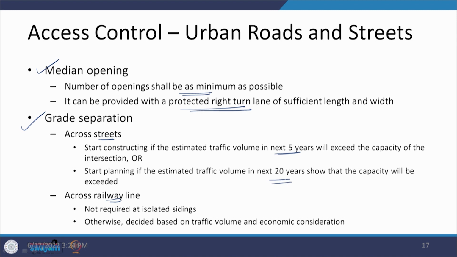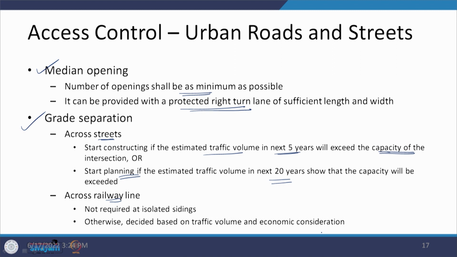So, what it says is that we should start constructing something which segregates the traffic by estimating the traffic volume in the next 5 years, which is going to exceed the capacity of the intersection. And if this is going to happen in the next 20 years, at least we should start planning, and by the time we are near to that, we might have implemented it.